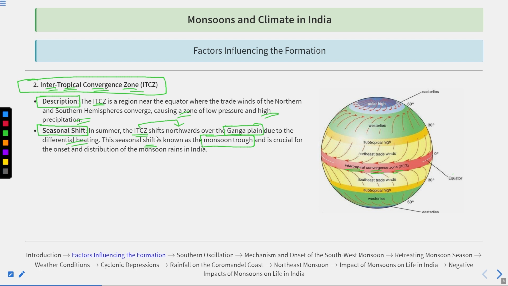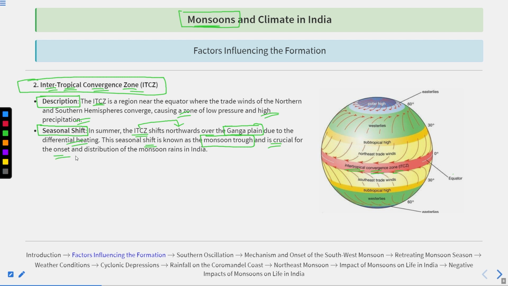And as I have told you, when the winds converge, they basically cause precipitation. And this precipitation is basically termed as monsoon in our local terms. Got it? And this monsoon trough is very crucial for the onset and the distribution of monsoon rains in India.